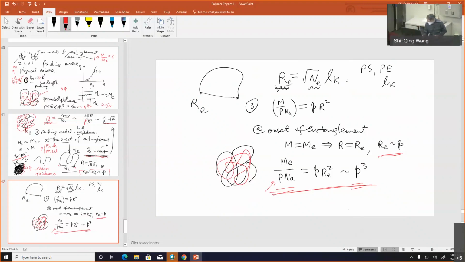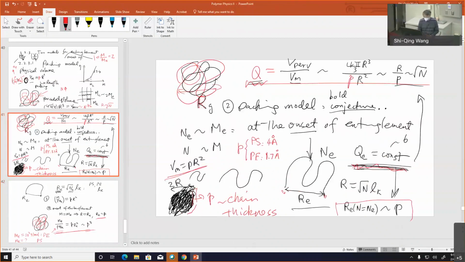And therefore, if I tell you ME is about 1,000 grams per mole for polyethylene, what would be the ME for polystyrene? You can figure it out from here. Well, if I give you the tabulation of P, which I did, 2 point something raised to the third power, it's something on the order of 10, a little over 10.